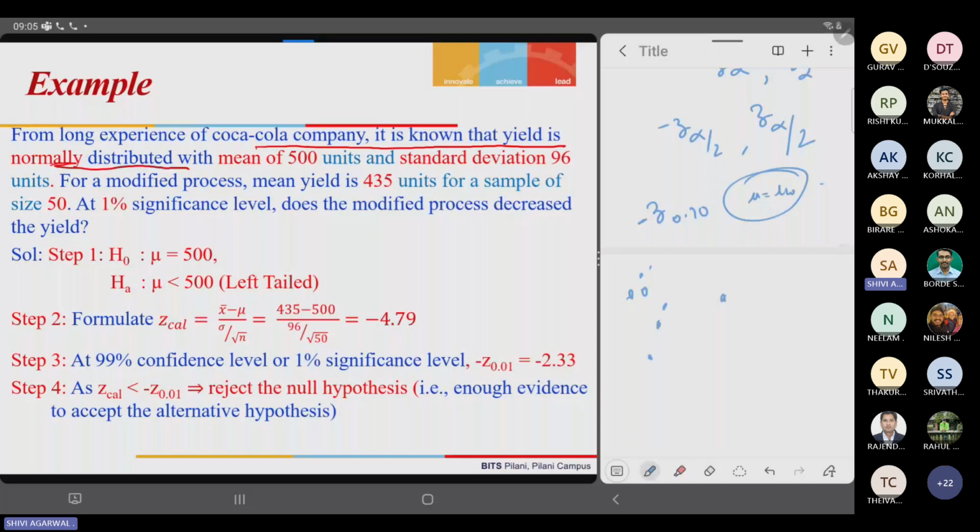The same question we did in the last class. So what is given? The population is normal with mean mu naught equal to 500 and sigma equal to 96. Correct. So for the first case, as a statistic, we are using the Z test basically.